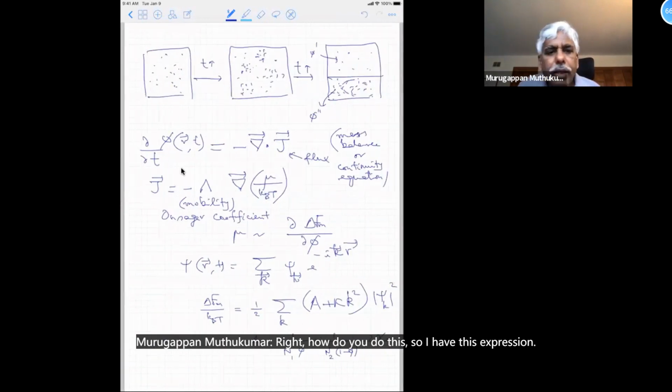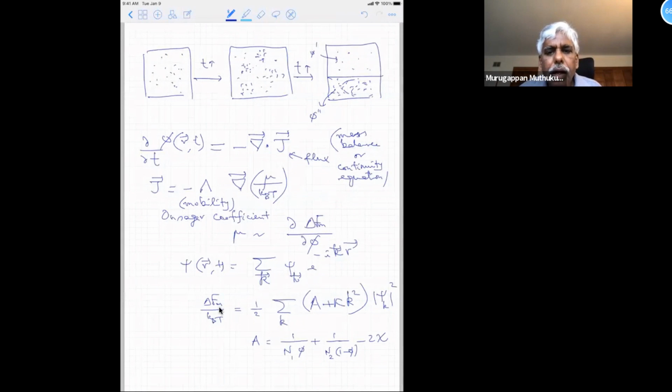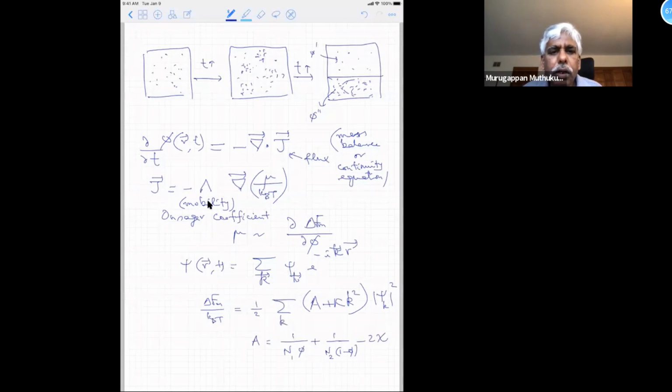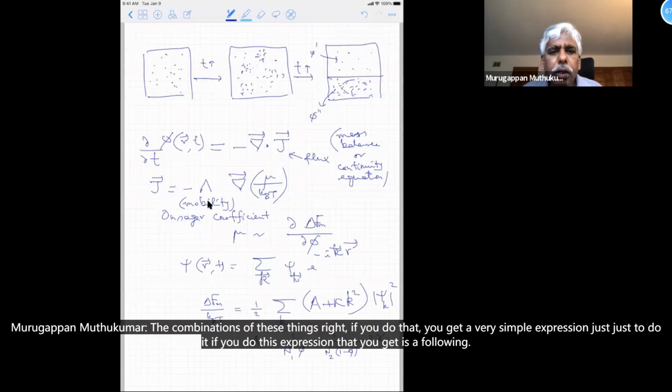So I have this expression for delta Fm, and I can take the derivative of delta Fm with respect to psi, because phi is related to psi. I can take the derivative of this one with respect to psi and put that back in for mu, put it in here, and do the combinations of these things, right? If you do that, you get a very simple expression.